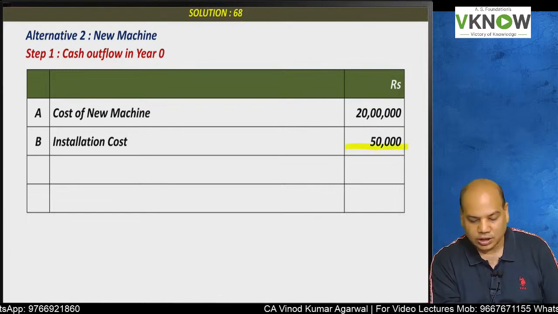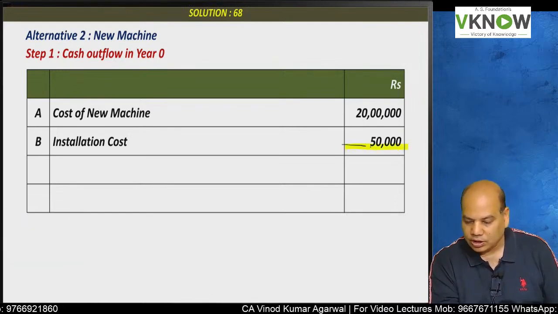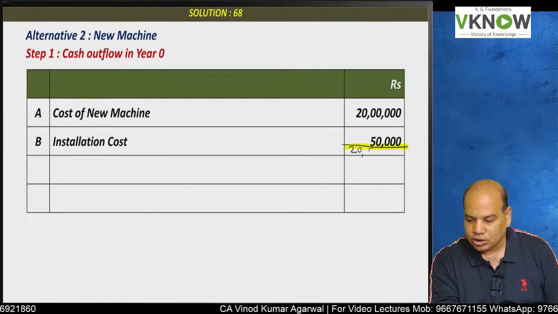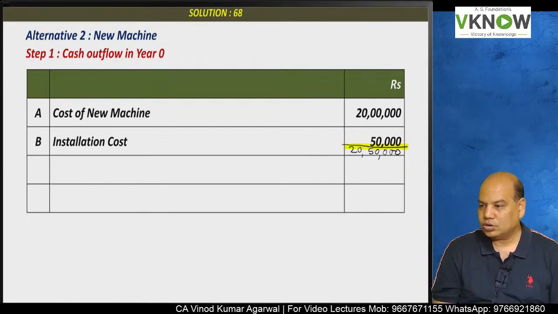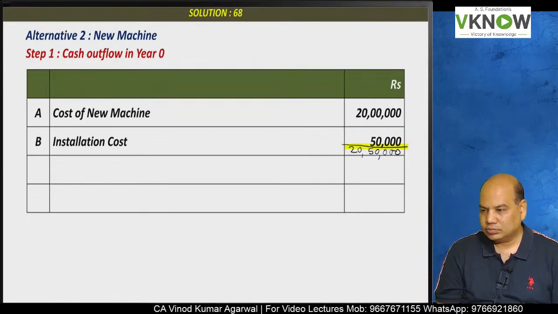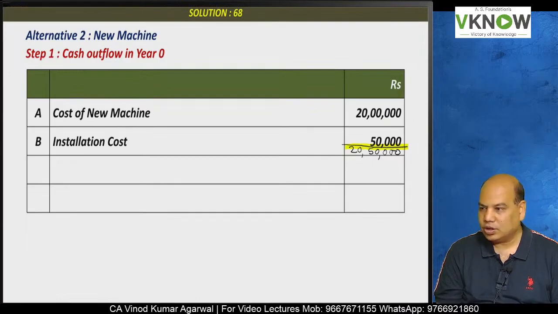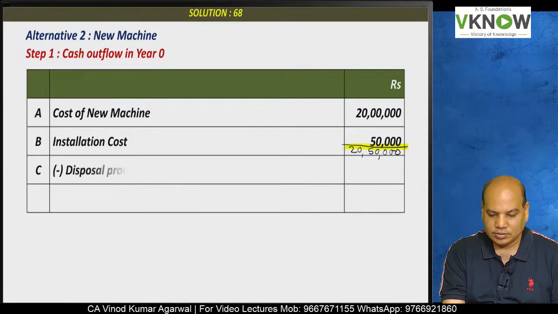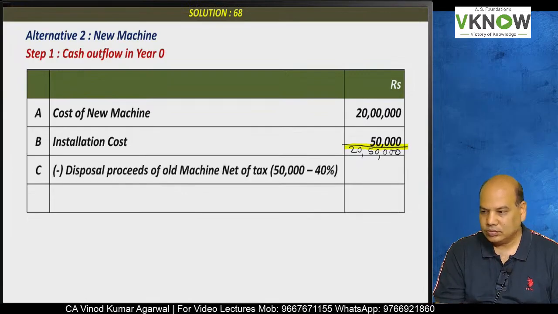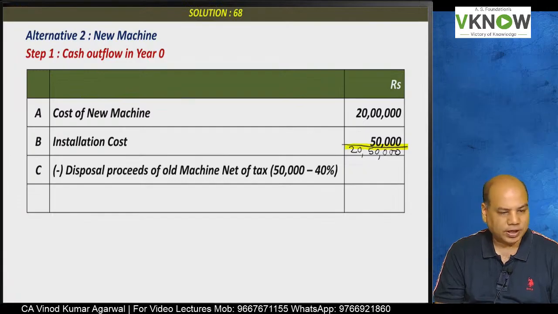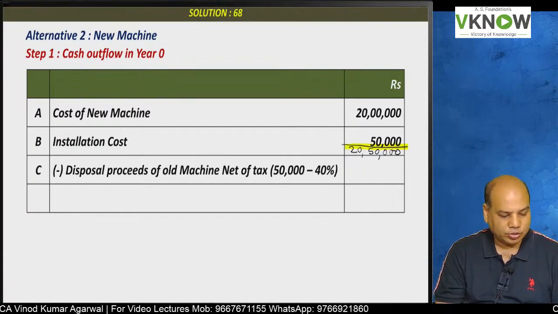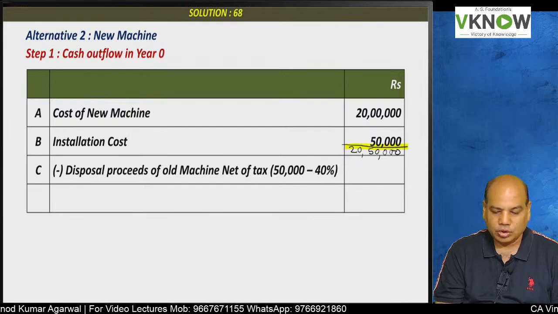So just draw one line here. Total cost of the new machine is 20,50,000. Even installation cost will be capitalized. Less: disposal proceeds of old machine net of tax.